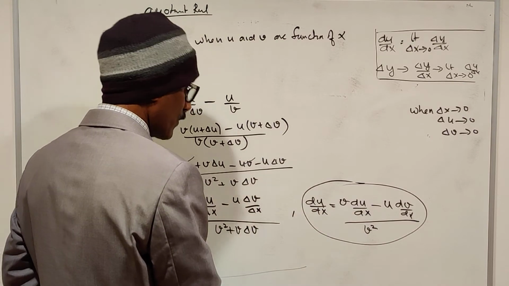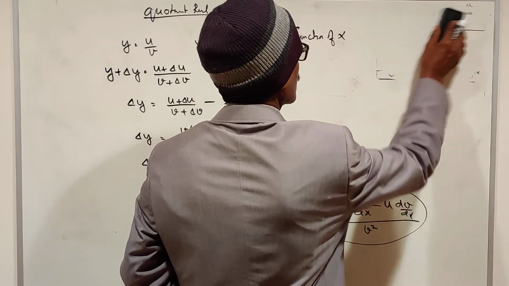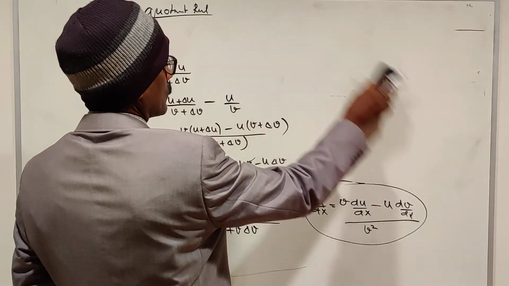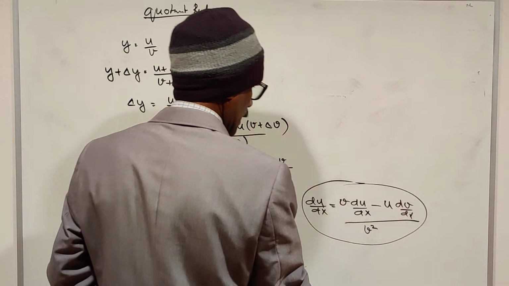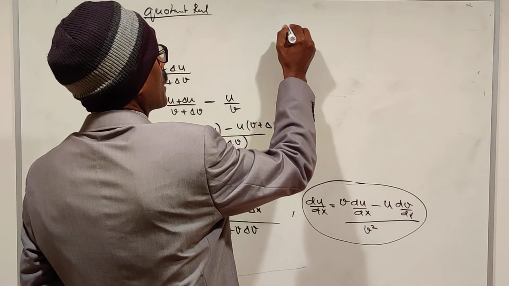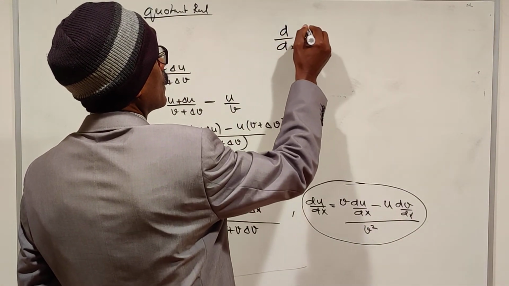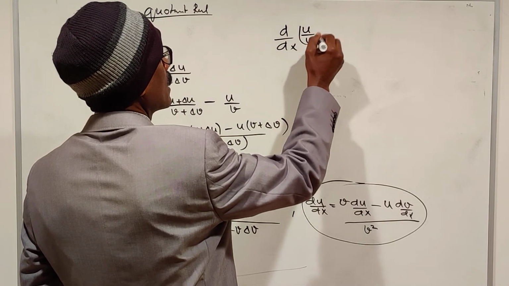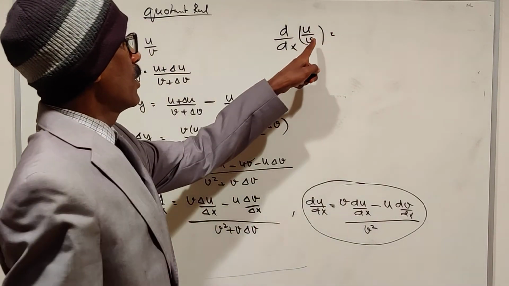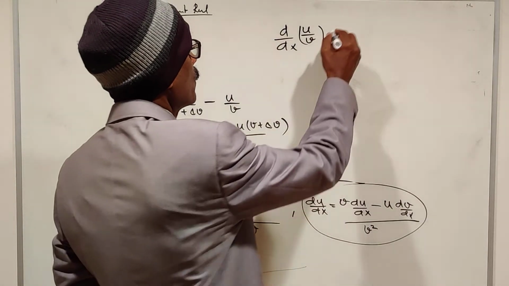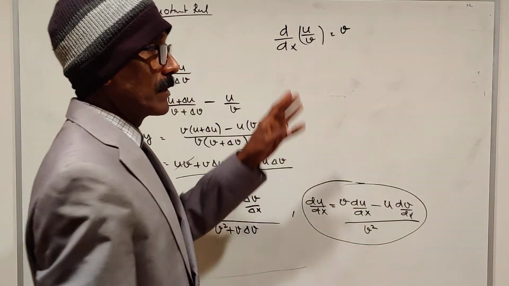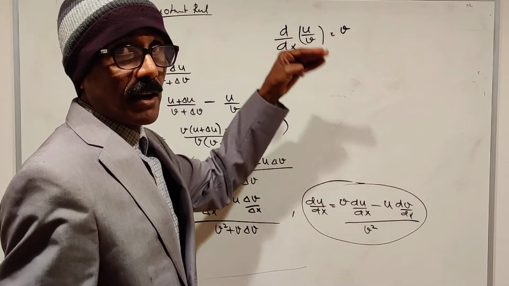I am going to write down the formula for d by dx of u by v. This formula should be in the right order.